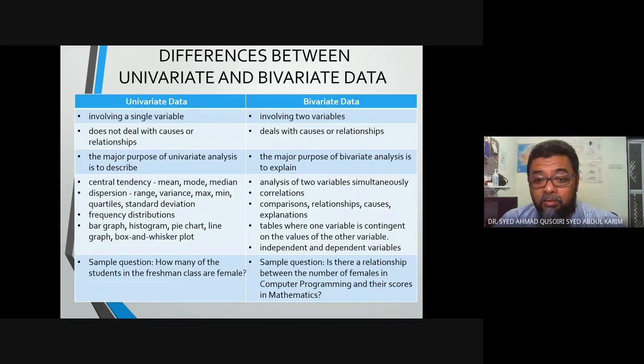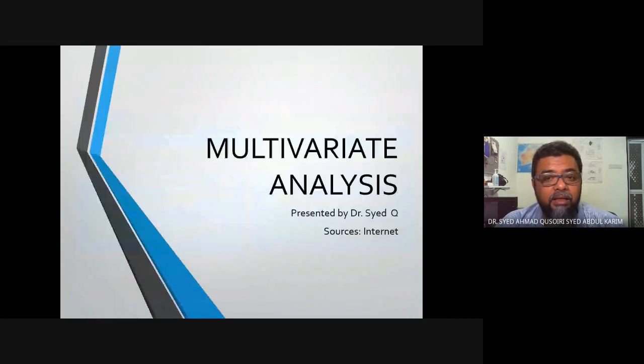So we have two variables: number of females in computer programming, and their scores in mathematics. Those are the type of questions that we want to ask in bivariate data.